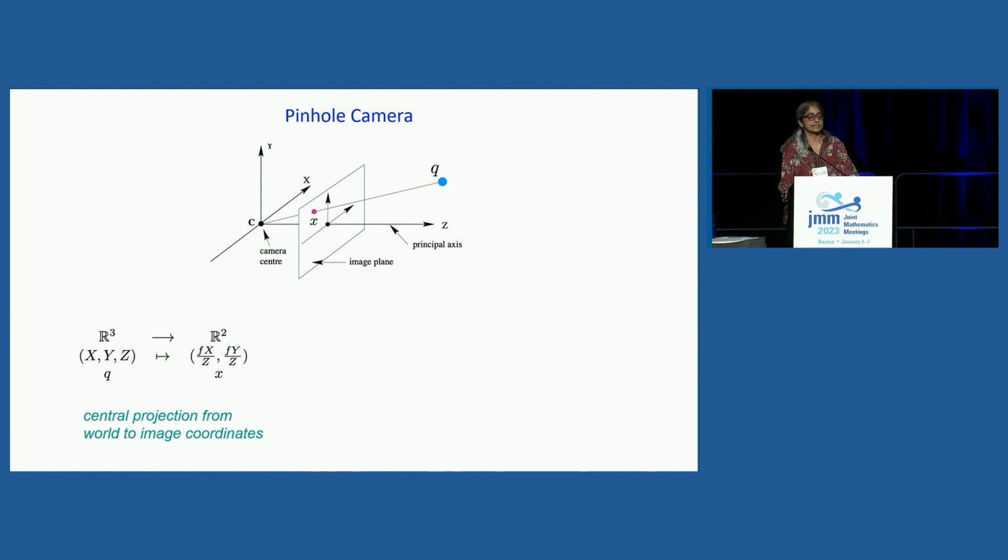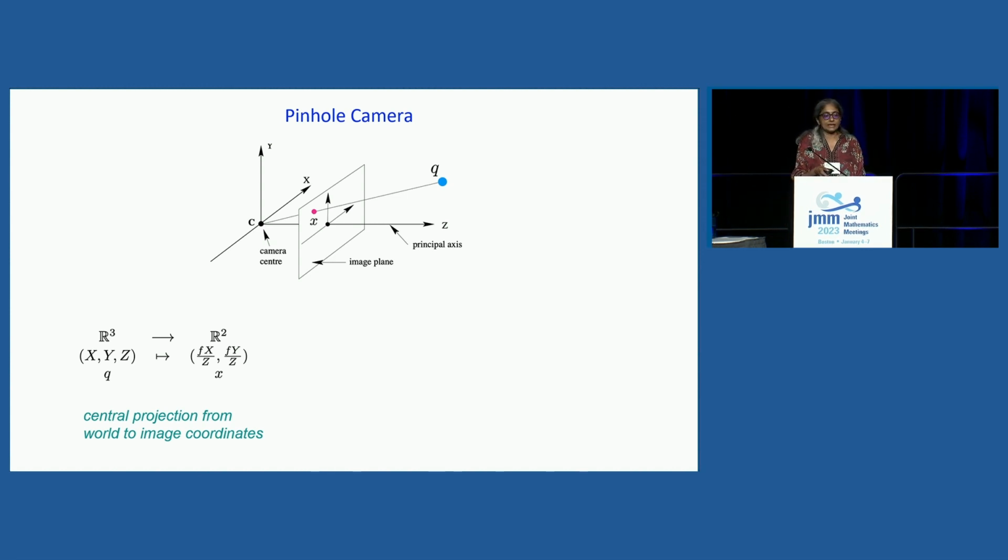Okay, so this gives us a map from R3 to R2. If the coordinates of the Q point are X, Y, Z, then the coordinates of the X point, let's assume it's located at Z equal to 1, are Fx over Z, comma, Fy over Z, where F is this focal length. Q will always be my world point, and X will always be the image point.